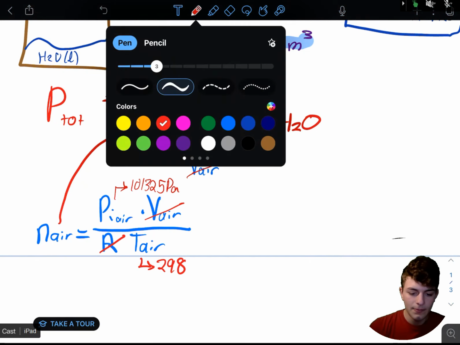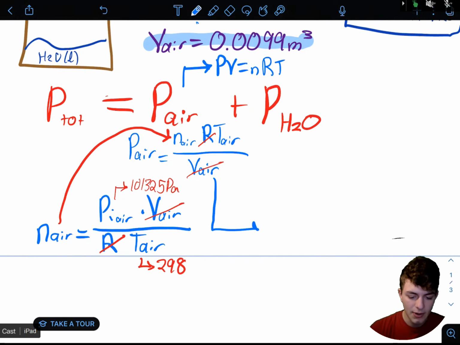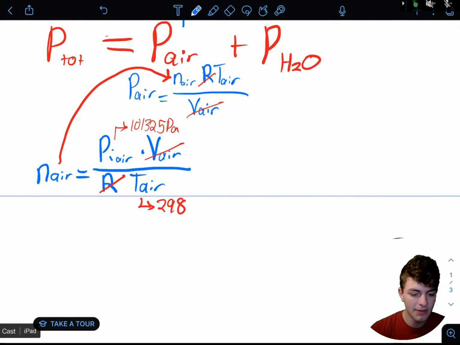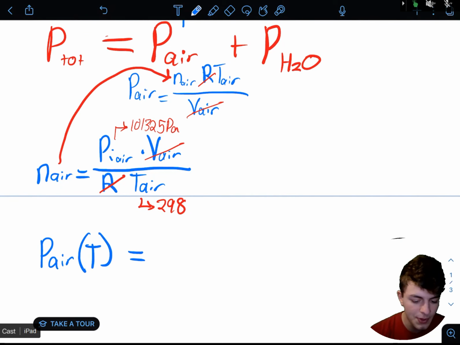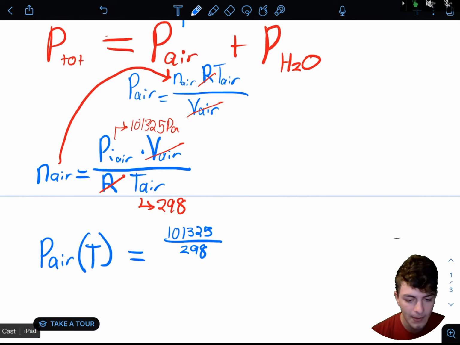So then, I'm going to drop this equation down to here, actually, I'm sorry, I'm going to drop it one line below. So I'll say the pressure of the air as a function of temperature is going to be equal to 101.325 over 298 multiplied by the temperature of the air.